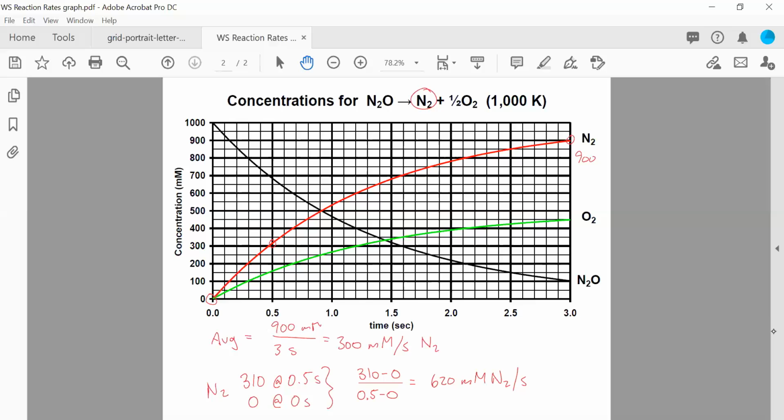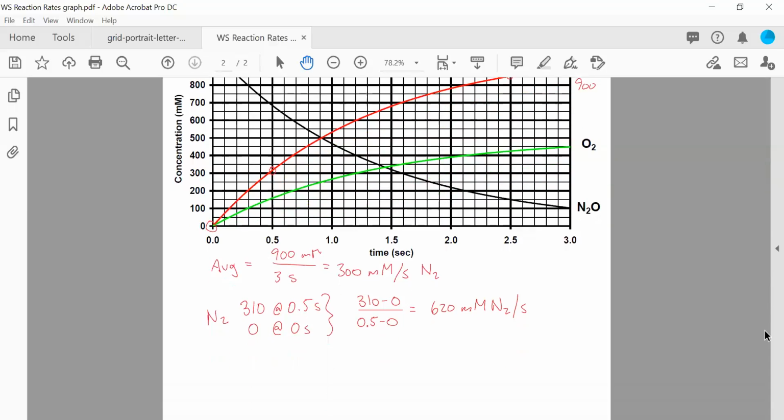Well, let's have a look at the last half second. The last half second, that is from 2.5 to 3 seconds, looks to me like it increased from 850 to 900. So again, over the last half second, we went from 850 at 2.5 seconds to 900 at 3 seconds.